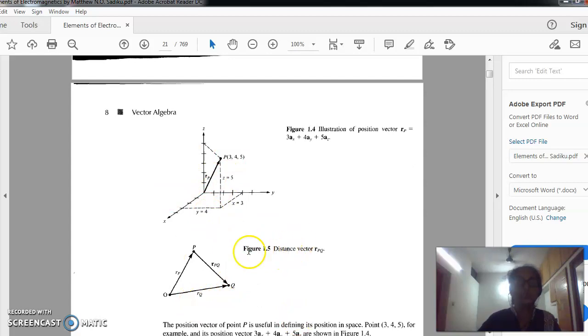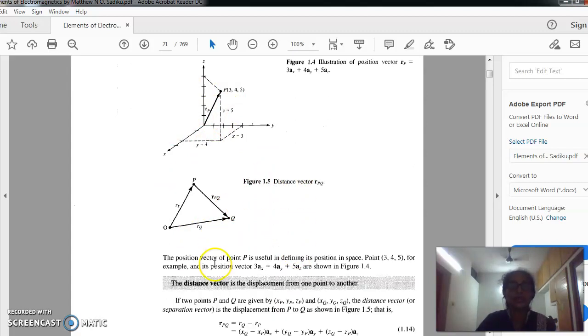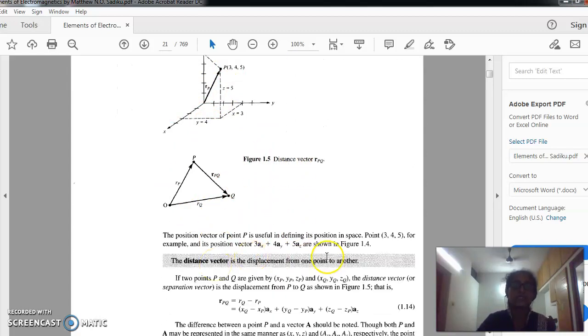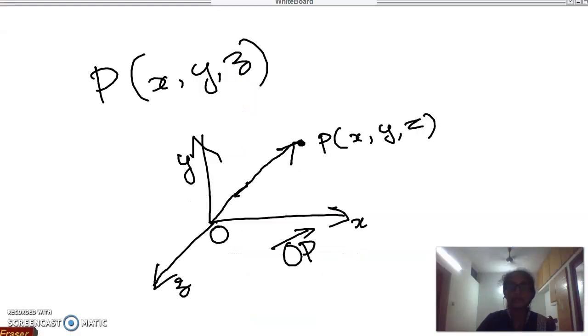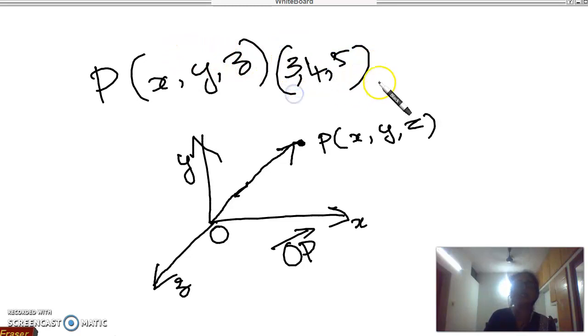So what is distance vector? Now distance vector, first you define the position vector of a point P, with respect to its position in space. And so here, as we have seen earlier, if P, x, y, z is say 3, 4, 5, the coordinates are 3, 4, 5.